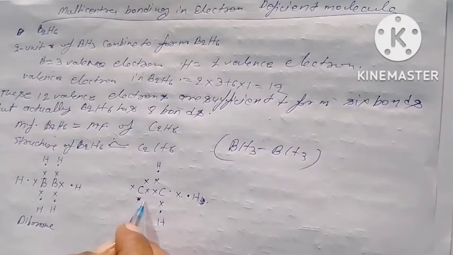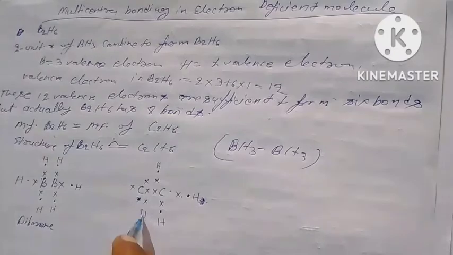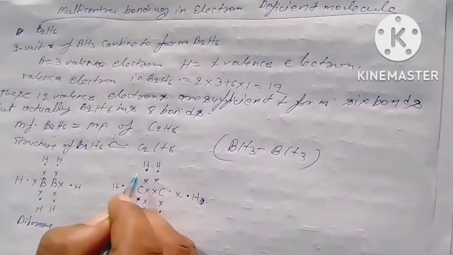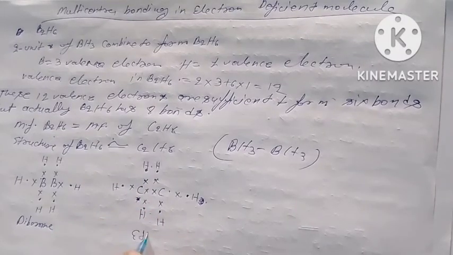Okay. Then 1 hydrogen, and that is 1 hydrogen. Okay. This is ethane.